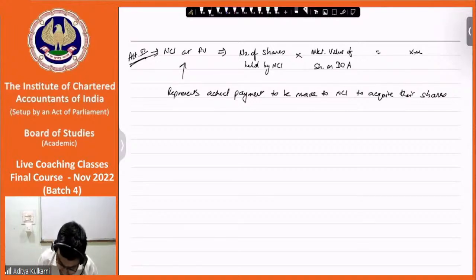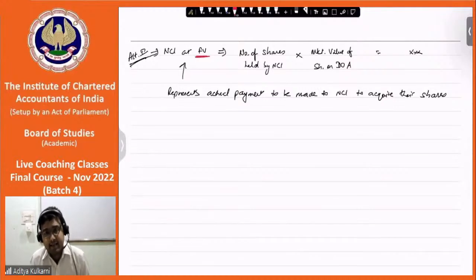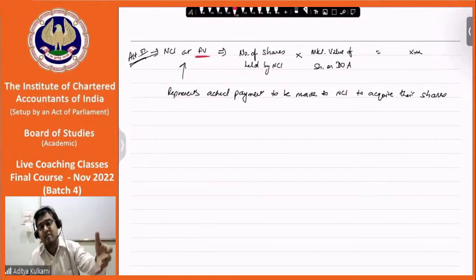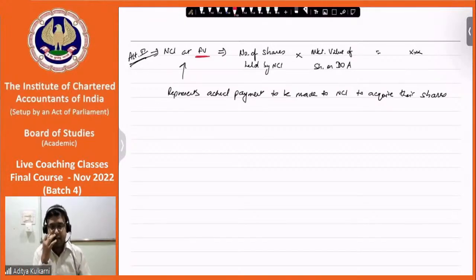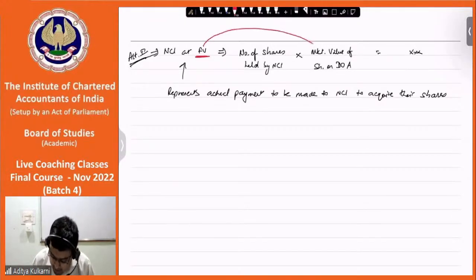That fair value is not equal to net assets. This is the market's sentiment of the value of that company. This fair value means the market value. And therefore, it will typically be higher than the net asset.